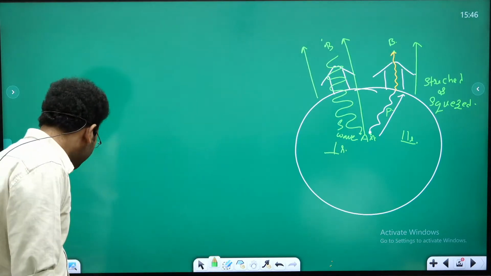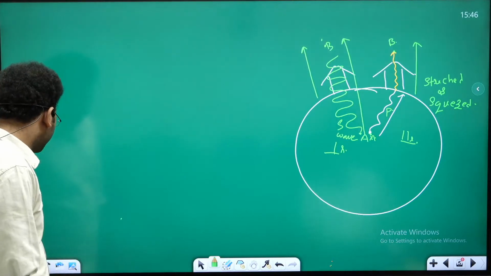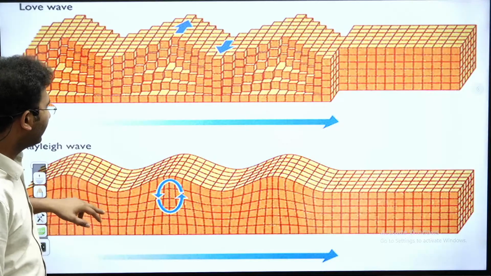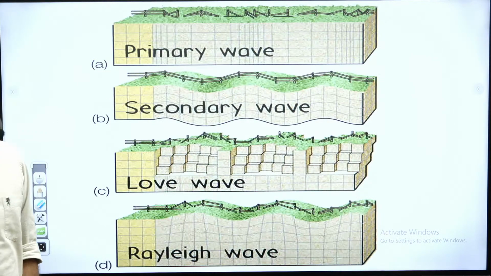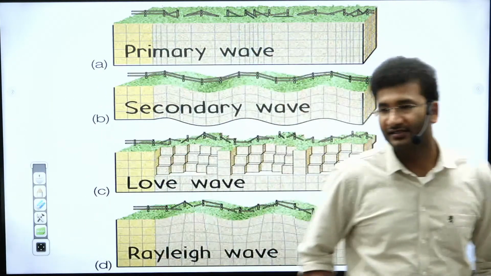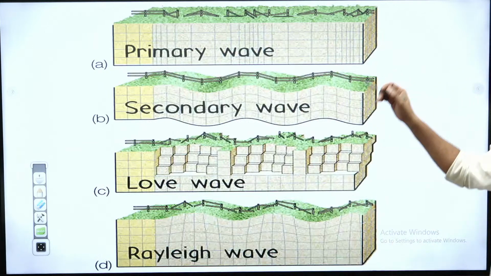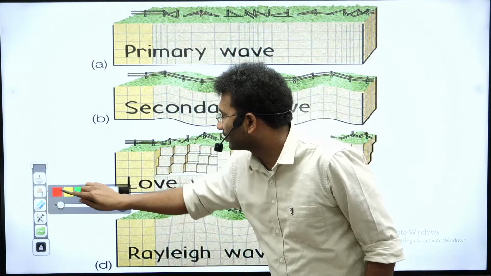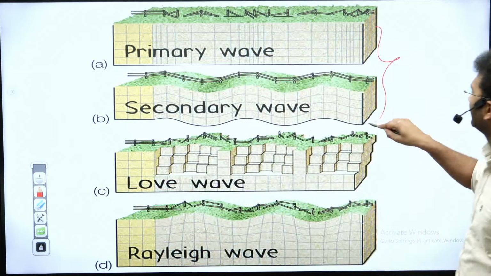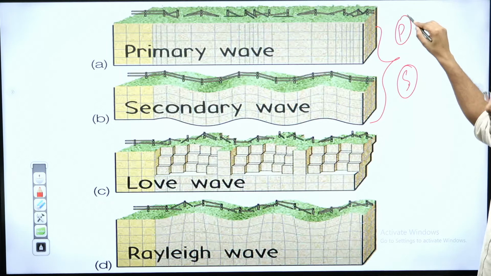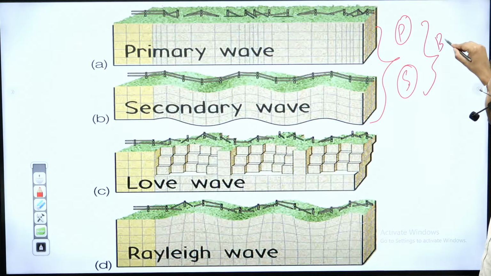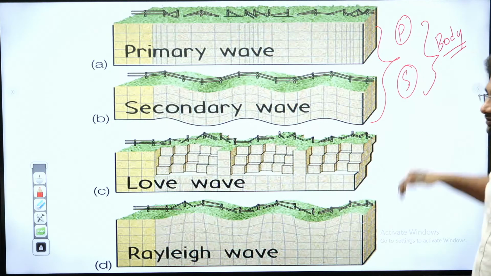Now come back and see the conditions of the other waves. Let's see the secondary waves and surface waves. We have studied about these two. One is primary wave, other is secondary wave. This is P and S wave. These two are body waves.